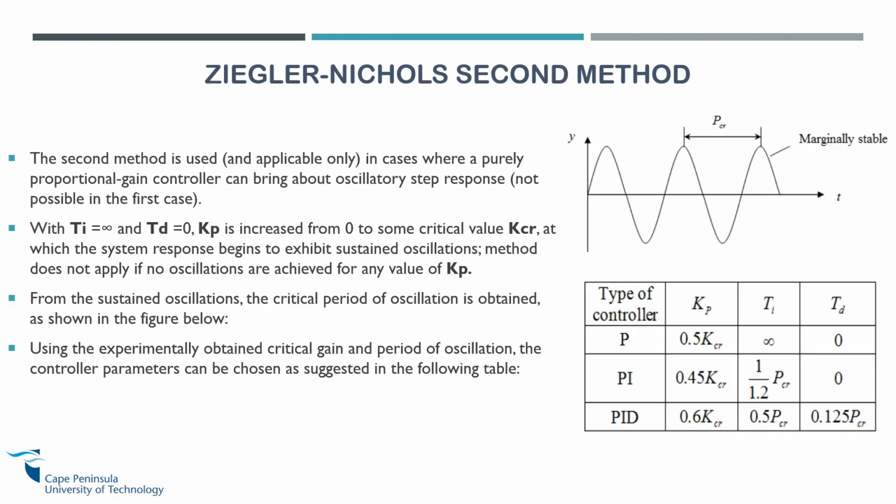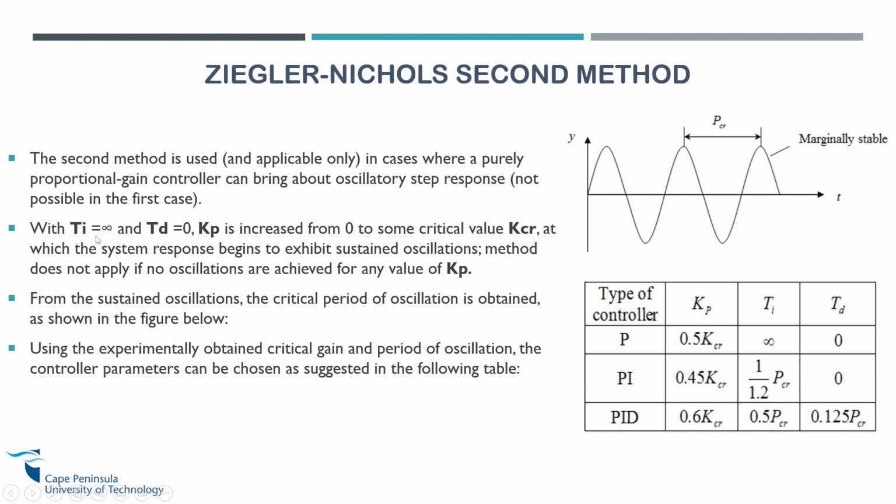Let us move to the method that we are going to use more, which is the second method. The second method is used and applicable only in a case where a purely proportional gain controller can bring about an oscillatory step response, not possible for the first method.